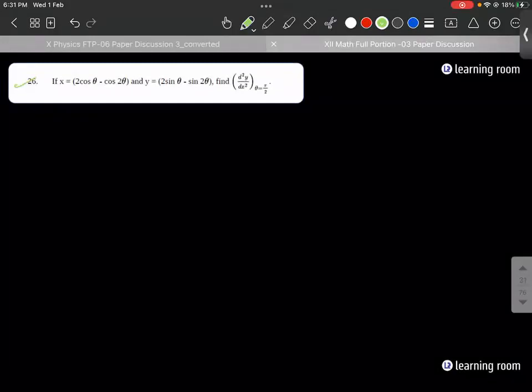26th: x is equal to 2 cos theta minus cos 2 theta, y is equal to 2 sin theta minus sin 2 theta.